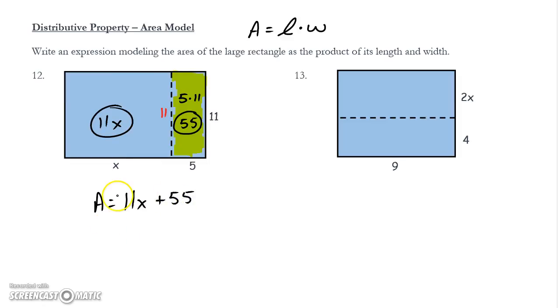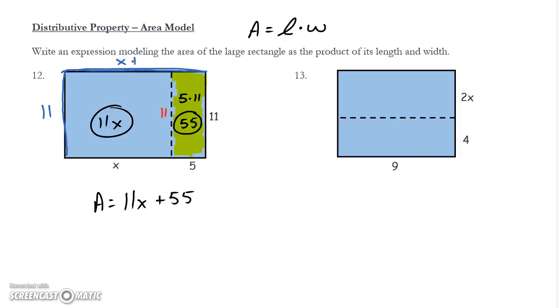Now, a second way I could have done this. We know, again, that this length here is 11. But I could write one expression to represent this length here. I know it's this piece here, which is x, and this piece here, which is 5.